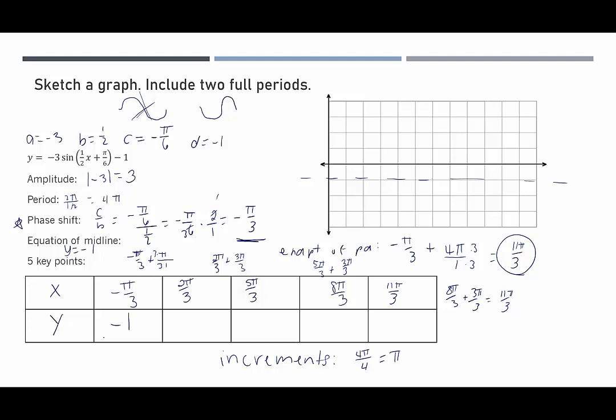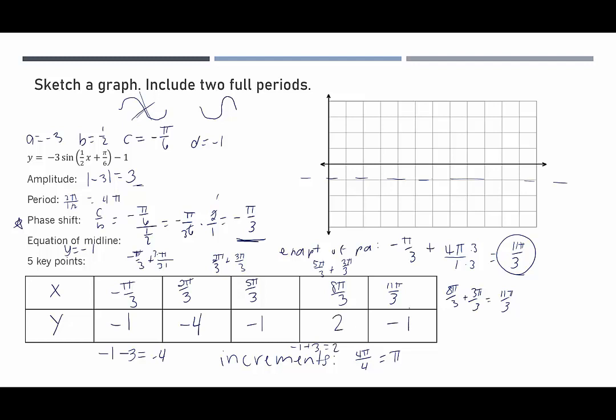It's negative, which means we're going to start by going down, and we're going down 3 units from -1. So what's 3 units down from -1? That'd be -1 minus 3, which is -4. So we're going to go down to -4, go back to the middle. Now we're going to go 3 units to our maximum. It's going to be -1 plus 3 gives us 2. And then we go back to the middle.